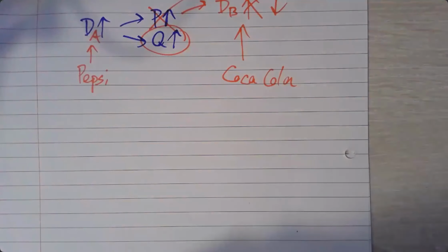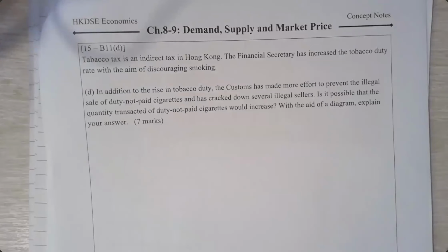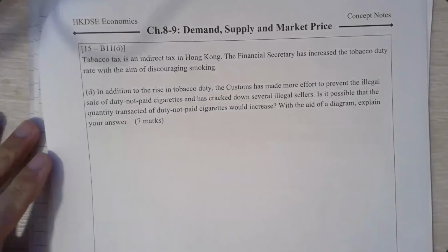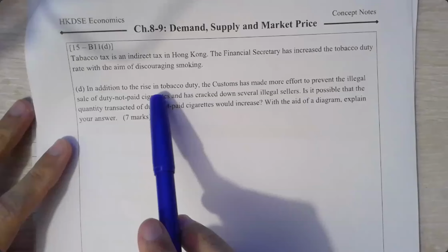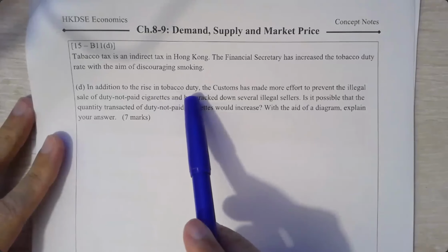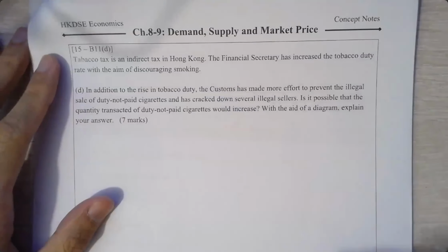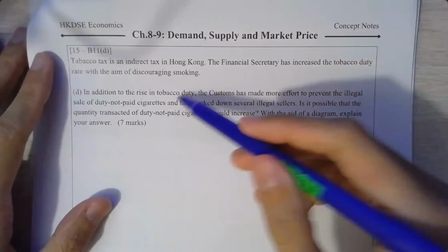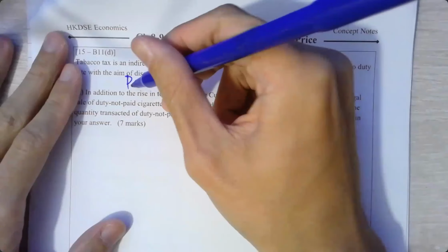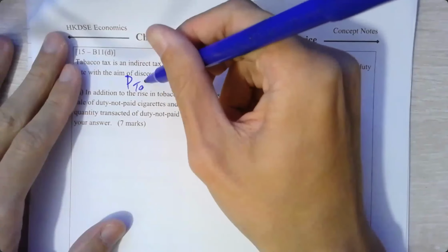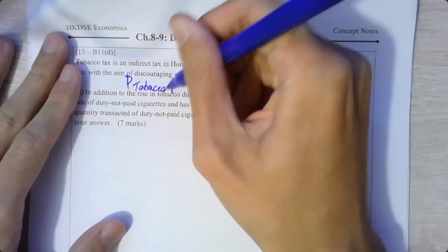好啦，最後一條啦，last one, bear with me, okay? 好啦，tobacco tax is an indirect tax in Hong Kong. OK, 嗱，原來講煙草稅啦。In addition to the rise in tobacco duty, 首先我哋有煙草稅啦。So price of tobacco would increase.